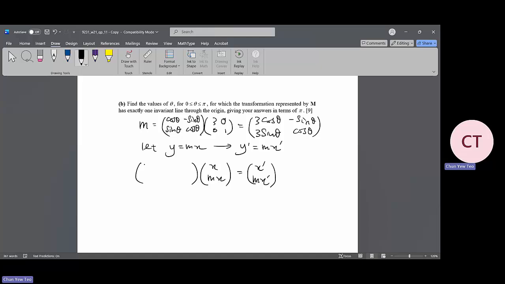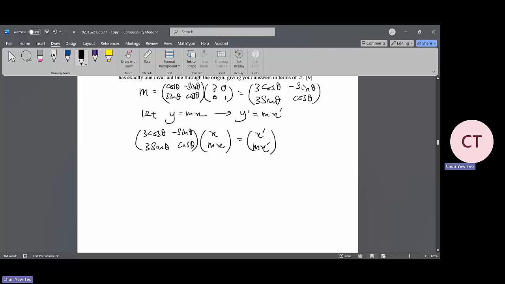So this is 3 cos theta, negative sine theta, 3 sine theta and cos theta. Okay, so if you multiply them, then you can see that actually we can make it become 3 cos theta minus m sine theta.